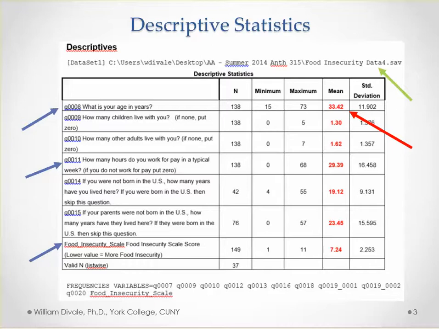The second row is how many children live with you. Well, that's an example of ordinal data. That is high ordinal. In other words, you could have 20 children, but the difference between 1 child and 3 children is not the same as the difference between 1 year and 3 years.